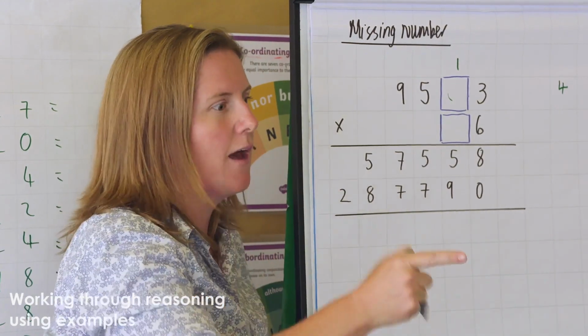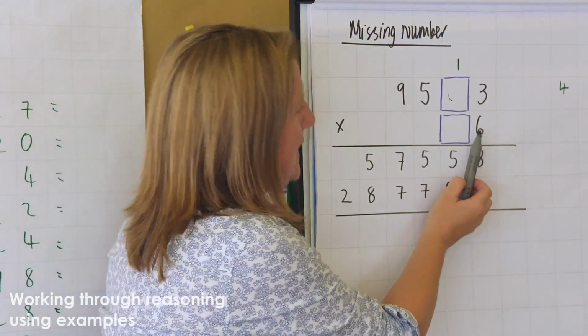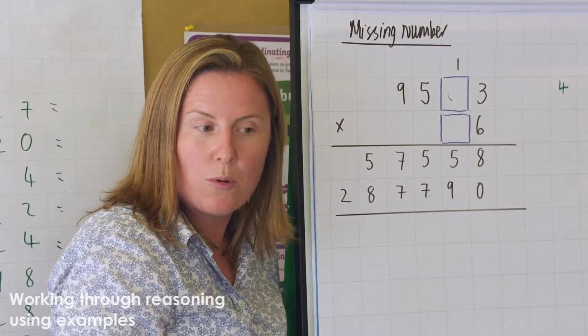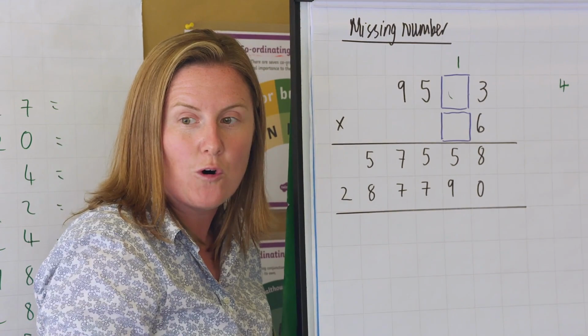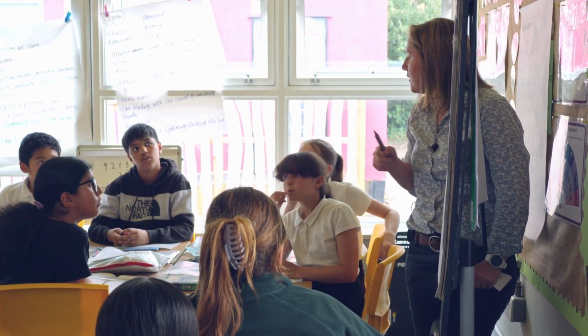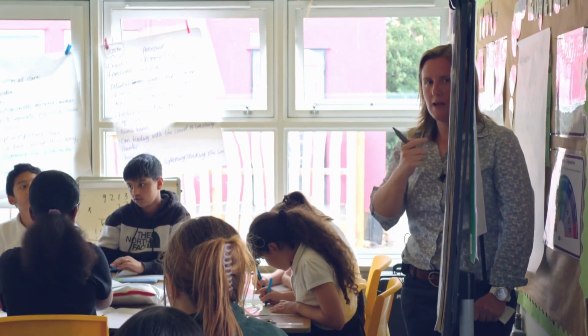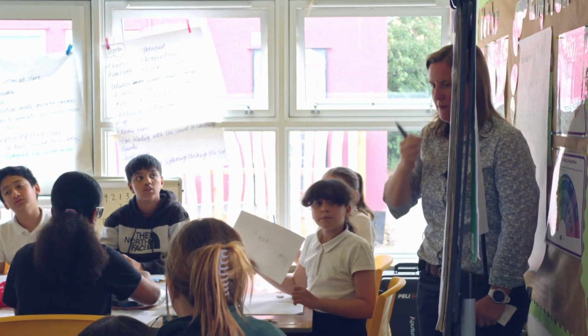I'm now thinking, okay, I like the idea of a multiple of 6 that ended in a 4. Is there any more multiples of 6 that end in a 4? If you think you know, write it on your whiteboard. So in the 6 times table, what number ends in a 4?